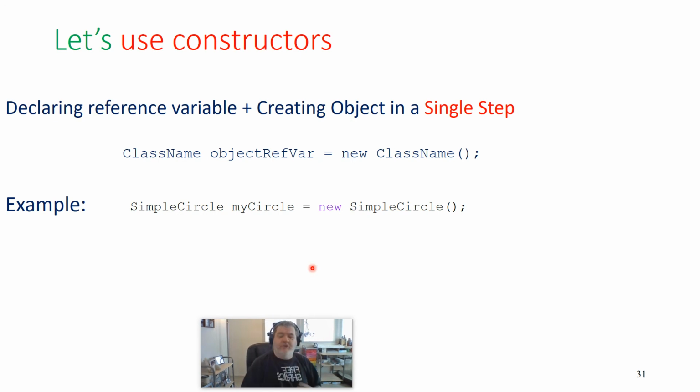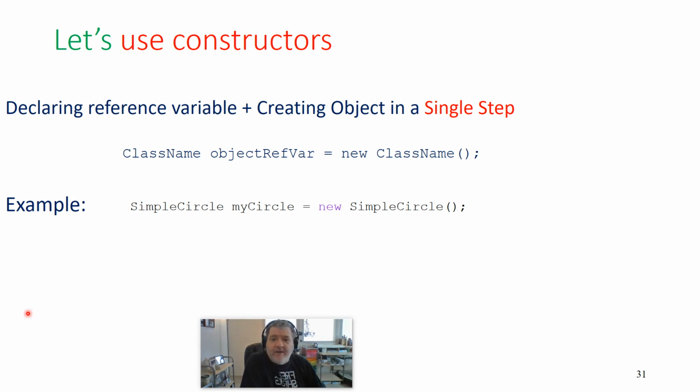So, let's use constructors. I said we don't call constructors explicitly, but Java calls them for us anytime we create a new object. This is almost like the last step of creating an object. We finalize all the attributes, we polish it, and then it's ready to use. So you know the syntax to create an object. We have been using the single step syntax where we do everything on a line.